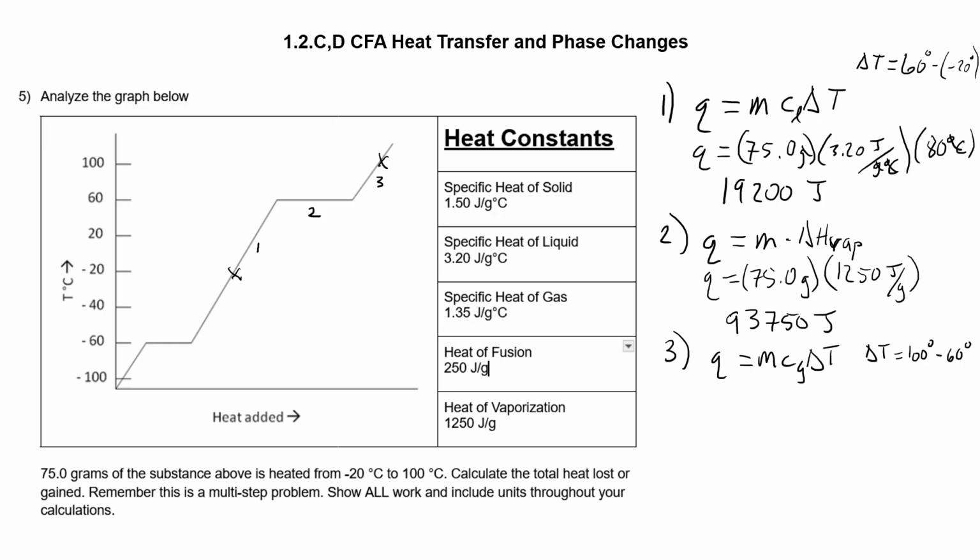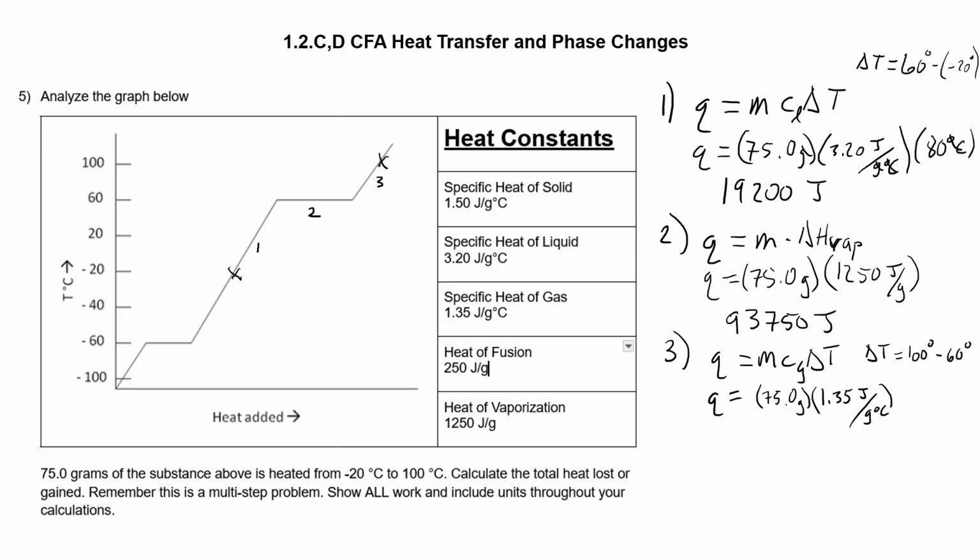Let's go ahead and plug in those numbers now. Our mass equals 75 grams. Our specific heat capacity for the gas is 1.35 joules per gram degrees Celsius.